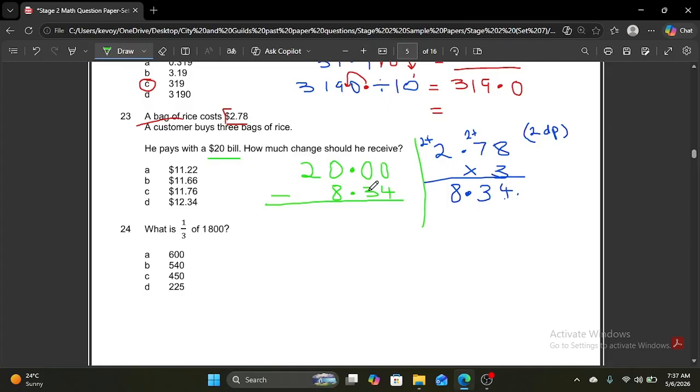When setting up our problem, we have to ensure that everything aligns, so we can subtract a little easier. There's no number after the decimal point for the $20, so just put a placeholder 0 so we can subtract. Alright, that's the way that it should be done.